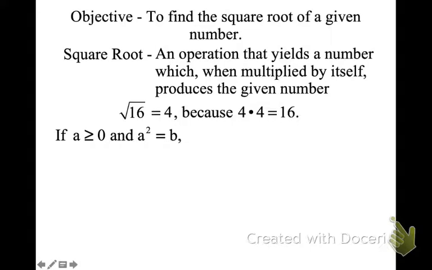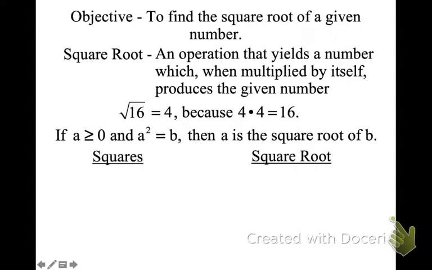If a is greater than or equal to 0, and a squared equals b, then a is the square root of b. Okay? If we square 0, we end up with 0, and if I take the root of 0, I also get 0. 1 squared is 1, and the square root of 1 is 1.